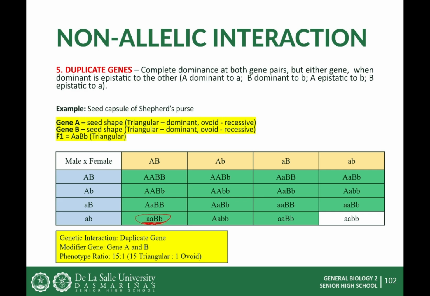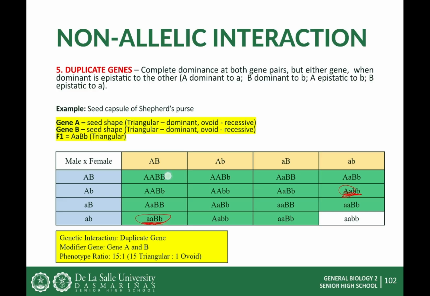Another example. Paano man pagka B naman recessive like this one? So, therefore ba, ovoid ba yung kanyang trait? So, no. If the gene here is dominant, automatic, the dominant trait will come out, which is the triangular.